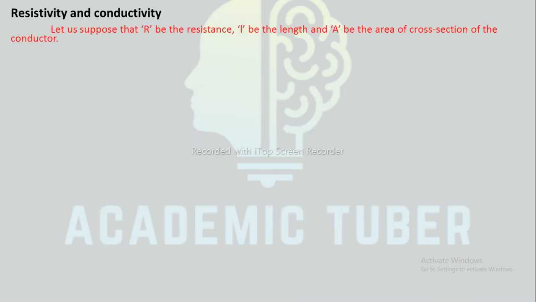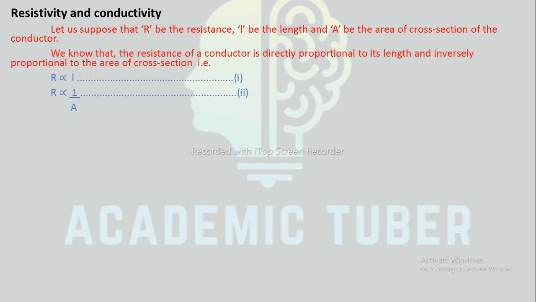Resistivity and conductivity. Let us suppose that capital R be the resistance, L be the length, and A be the area of cross section of the conductor. We know that resistance of conductor is directly proportional to its length and inversely proportional to the area of cross section. That is, R directly proportional to length, equation 1, and R inversely proportional to area, equation 2.